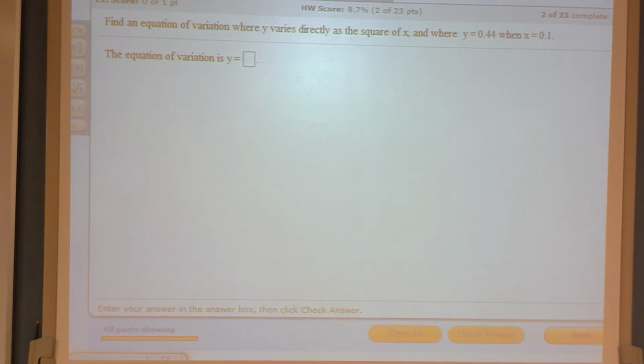That is something squared. I don't like the way they write the square of, because everybody thinks square root. It's not the square root. It's squared. So whatever it says as the square of, I want you to mark through that with a highlighter, and I want you to put squared. Yeah, that's what I want you to do.